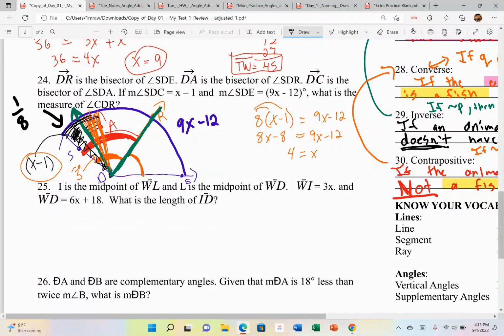So what's the measure of this whole entire angle? So if that angle is 6, that means that this angle is also 6, right? Because this is a bisector. So what is 6 plus this 3? It's 9. Okay. So angle CDR equals 9.